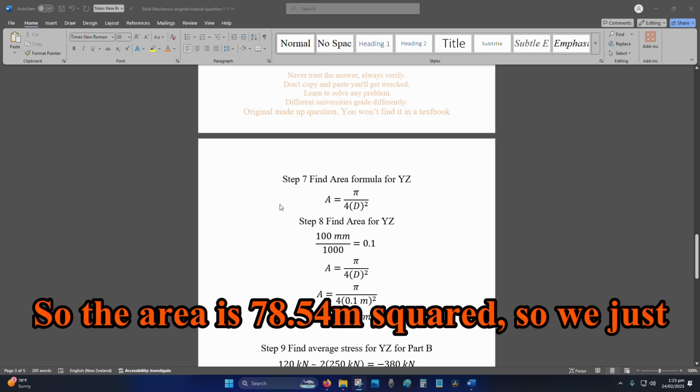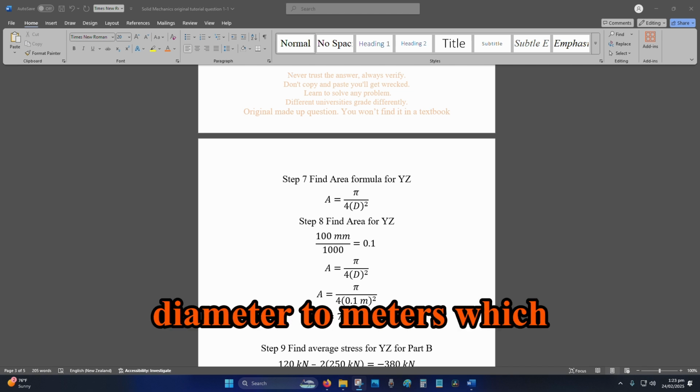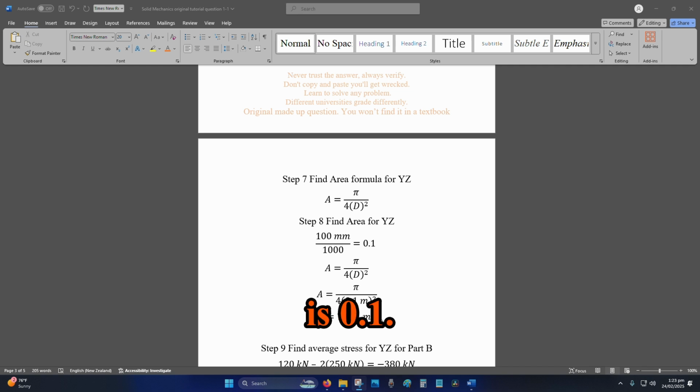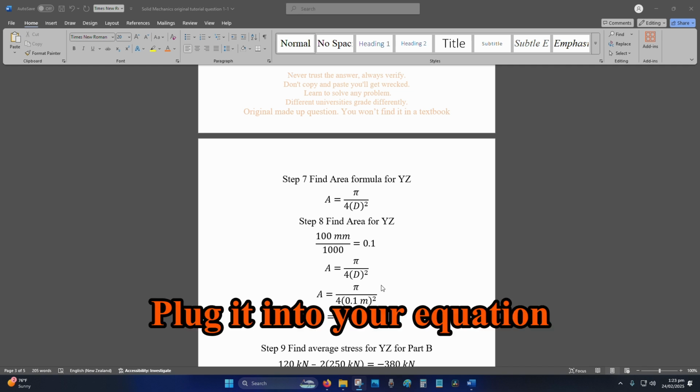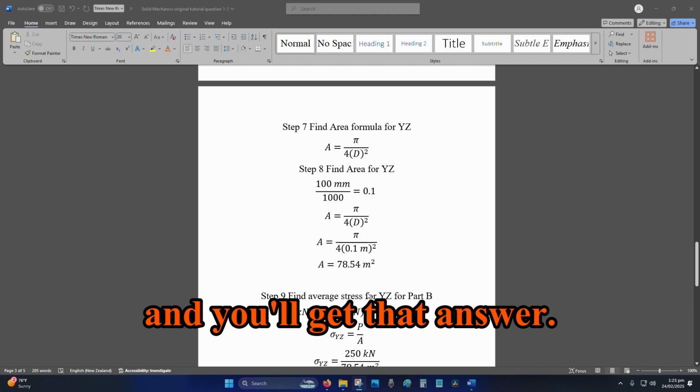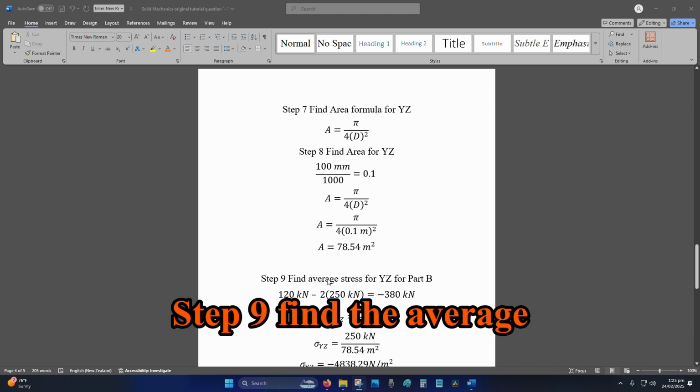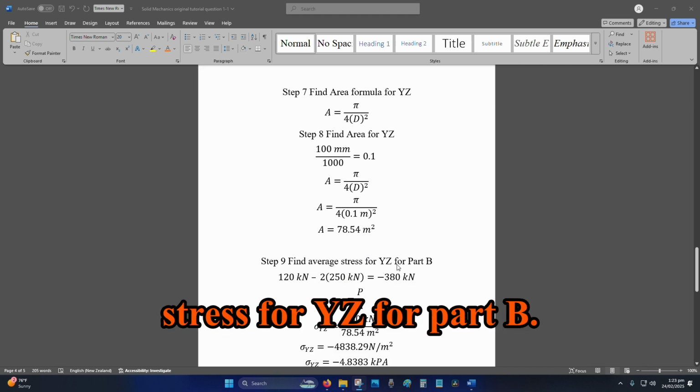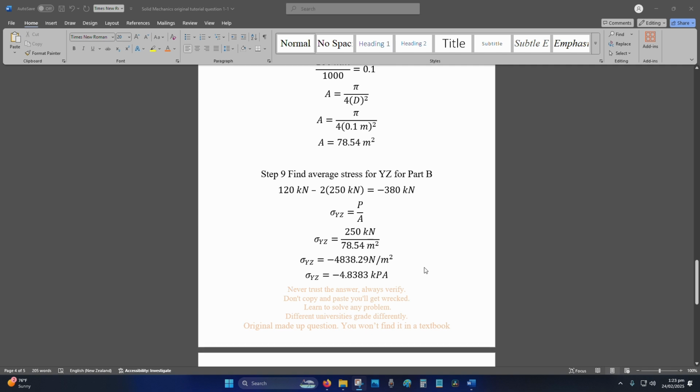So the area is 78.54 meters squared. We just convert the 100 millimeter diameter to meters, which is 0.1. Plug it into your equation and you'll get that answer. Step 9, find the average stress for YZ for part B.